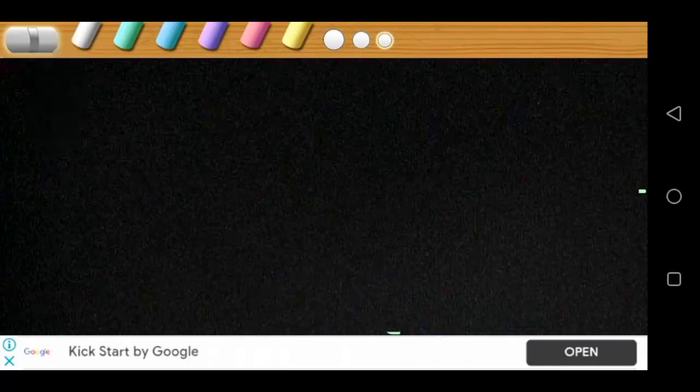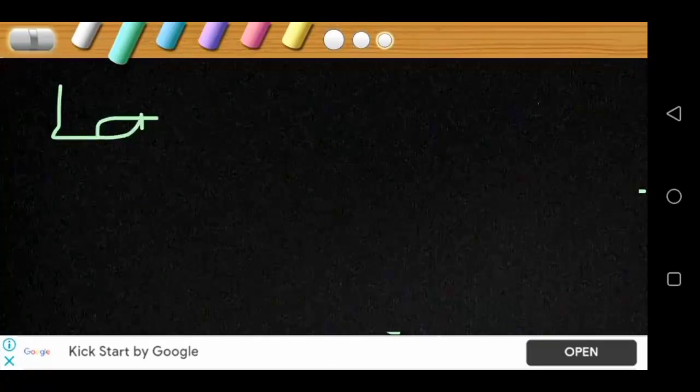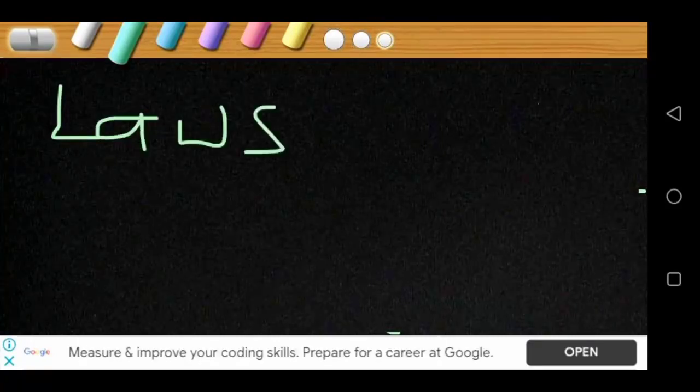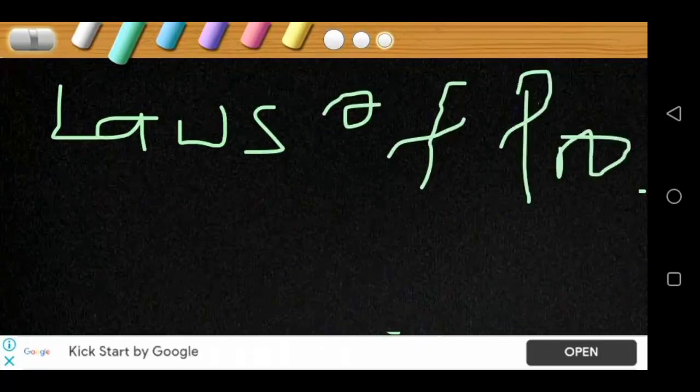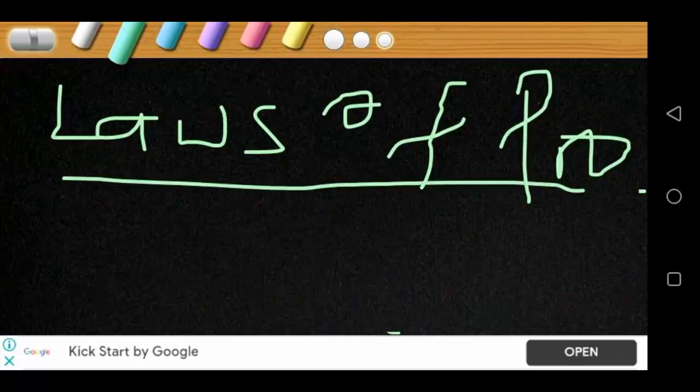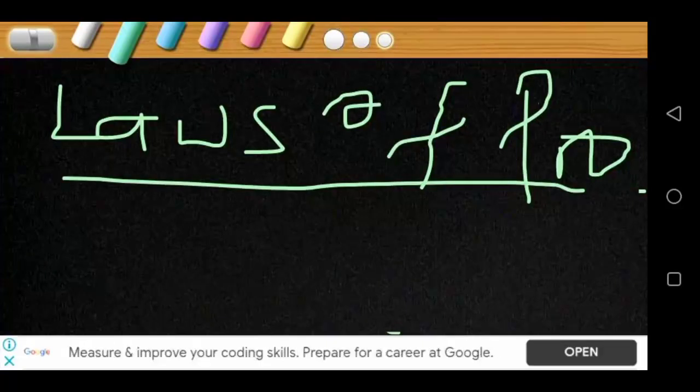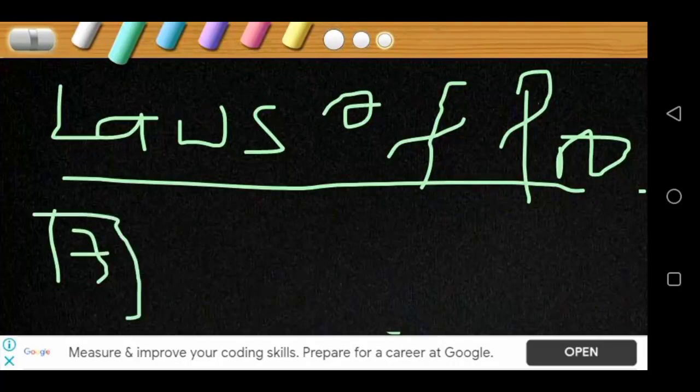So the first one we'll consider is the additional law. That's A. Additional law.